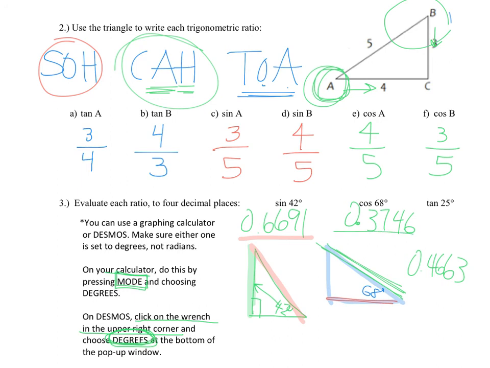And then the same thing for that tangent. If you have a right triangle with a 25-degree angle, then every single triangle like that would have the opposite over the adjacent be 0.4663. Every single triangle like that.